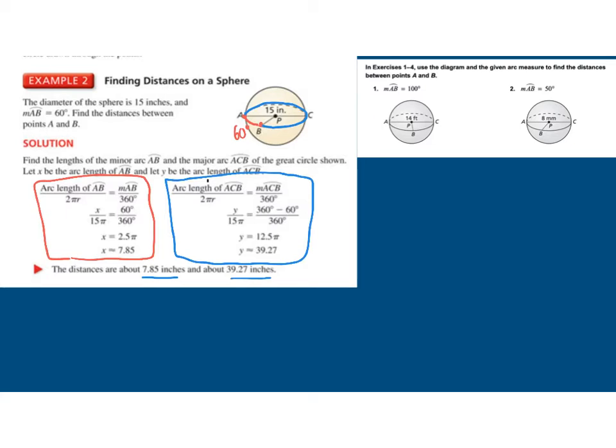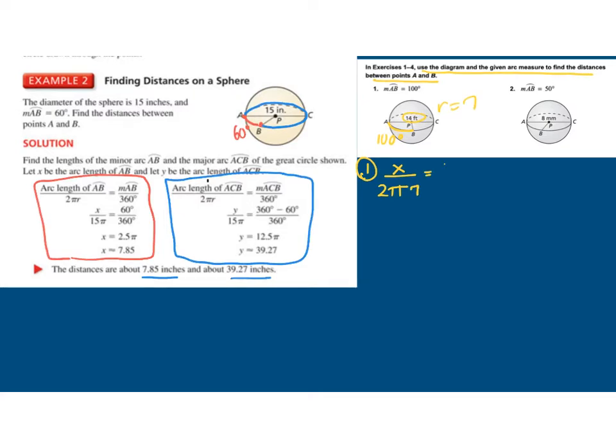Okay, so looking at these examples on the right, we'll start with number 1. The measure of AB is 100 degrees. What are we trying to find here? Use the diagram and the given arc measure to find the distance between A and B. So it's x, arc length, over 2 pi r. So the diameter is 14, so r is 7.